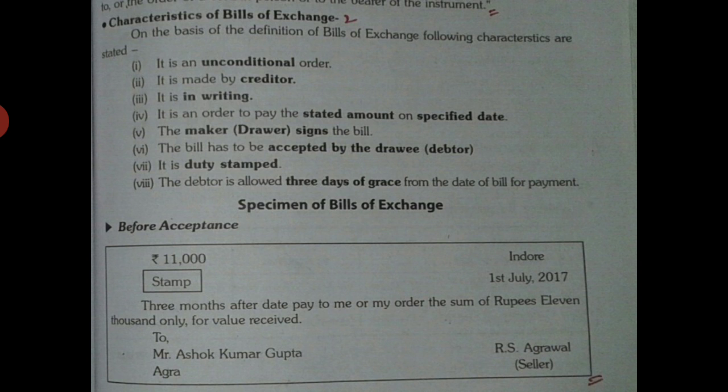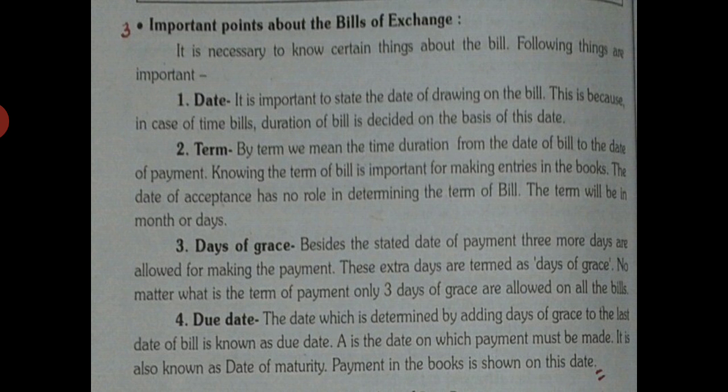Now you will see important points about the bills of exchange. First, the date is mentioned, when it is drawn and when it will be matured. Term means for how many months or days it is written.